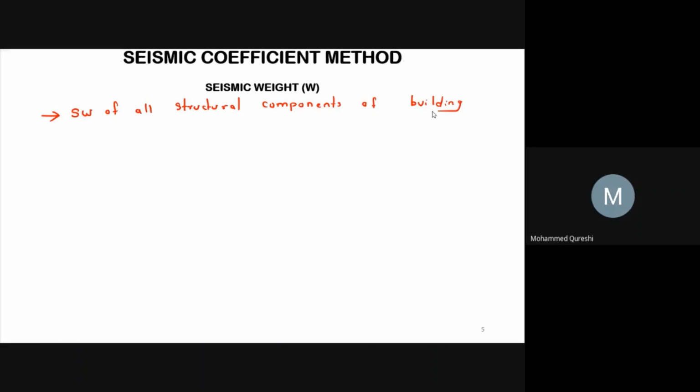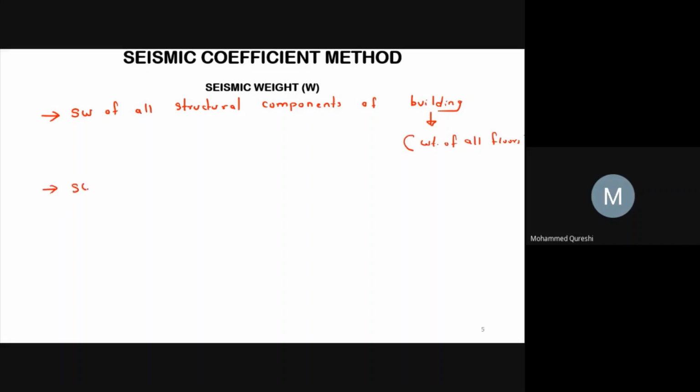Seismic weight of the building is the sum of seismic weight of all the floors. Means in the whole building, you will easily get the weight of all floors individually. So generally, the seismic weight at any floor level is equal to the dead weight of the floor system plus the appropriate amount of imposed load.